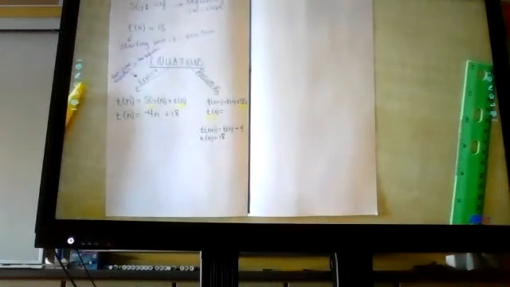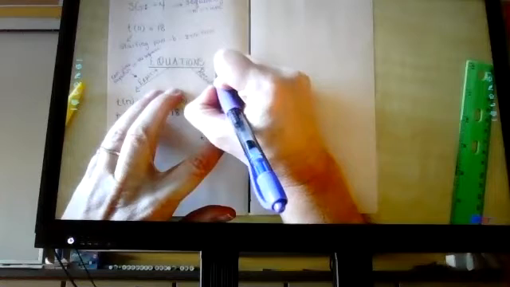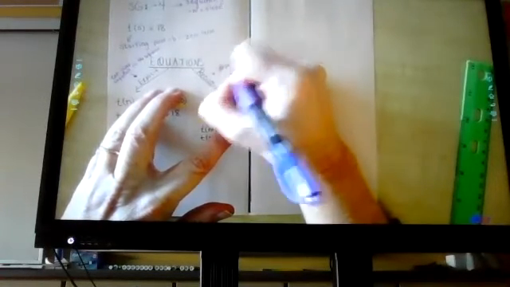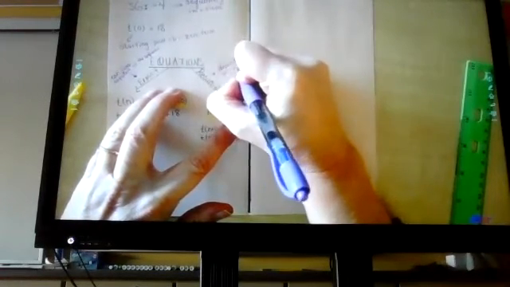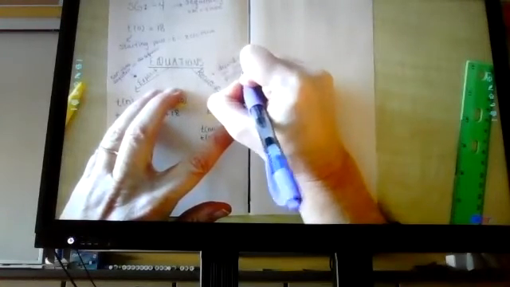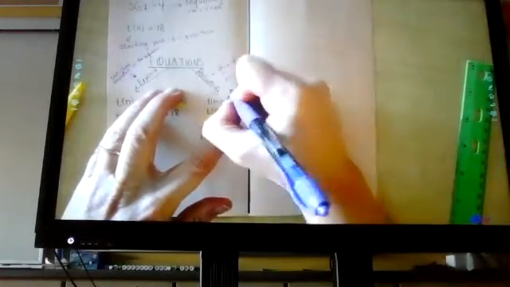Notice the difference in those two types of equations, explicit and recursive. I'm going to write down what recursive means: depends on the previous term. The term I want equals the previous term -4.